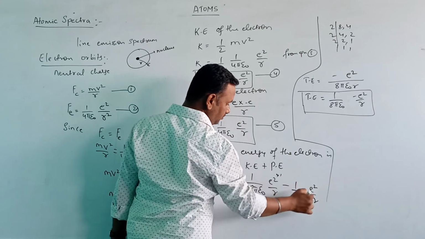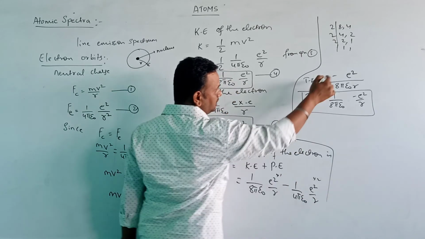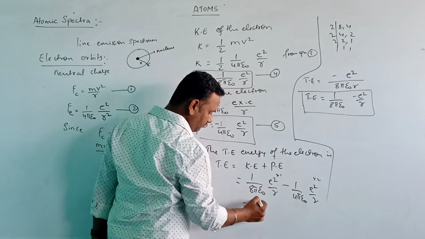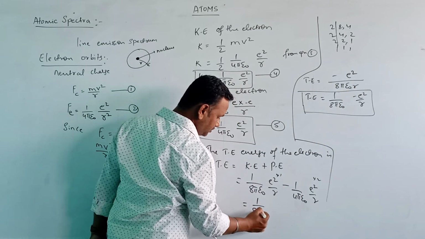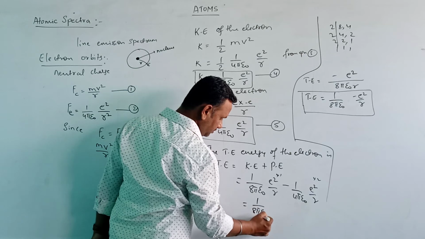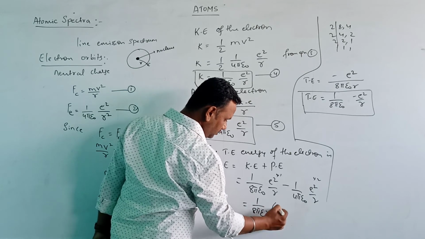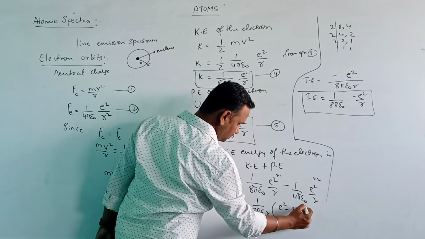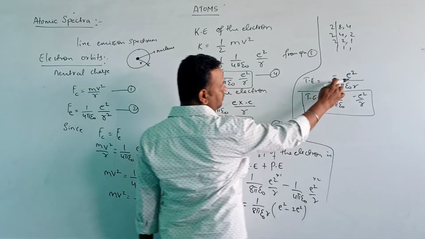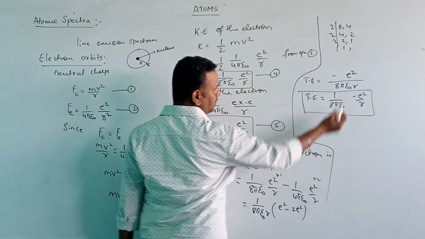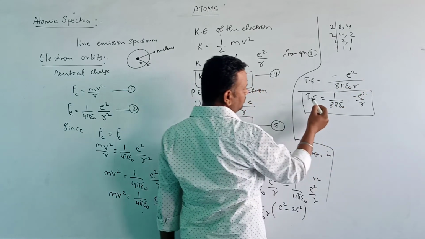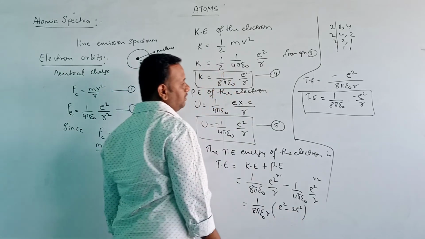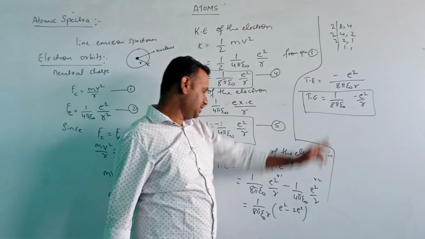So we get e square minus 2 e square, which gives minus e square. So the total energy can be written as 1 by 8 pi epsilon naught times minus e square divided by r.